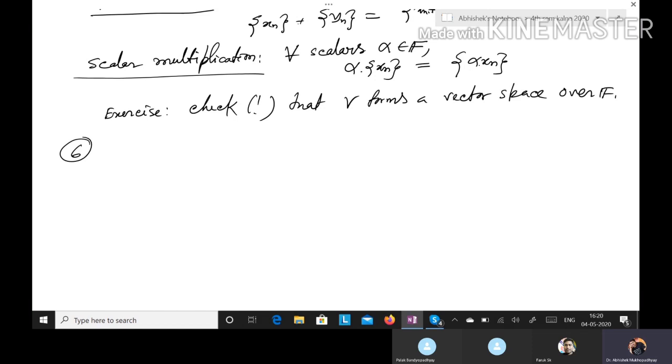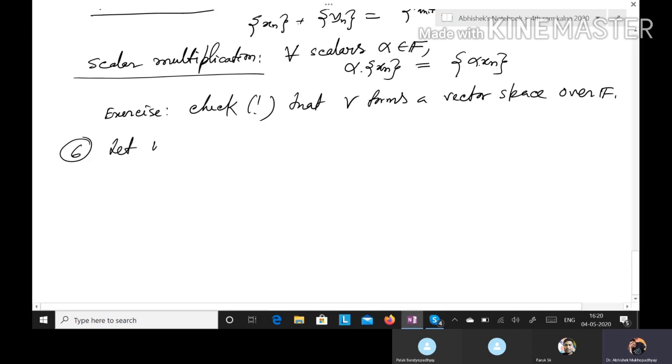So this example will give you this way of construction to have more new vector spaces with the help of the previous ones.